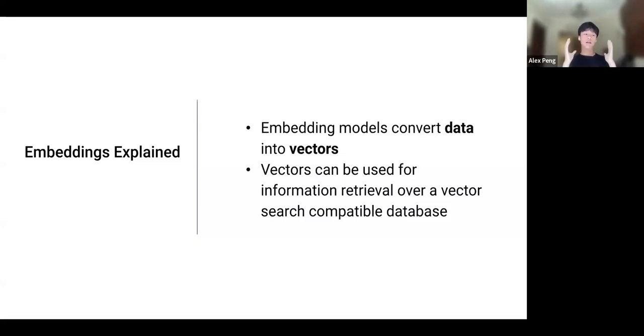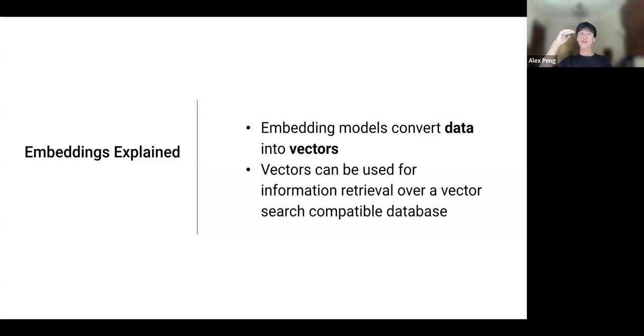That essentially means that we take a chunk of text, like the quick brown fox jumped over the lazy dog, and then we encode the meaning of that text into a list of numbers, which we call a vector.